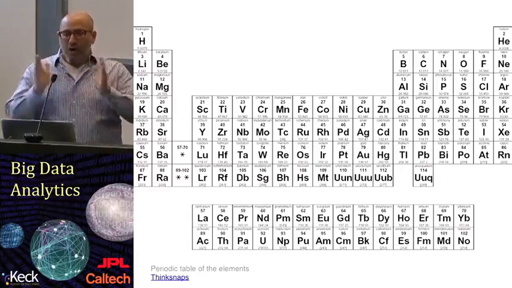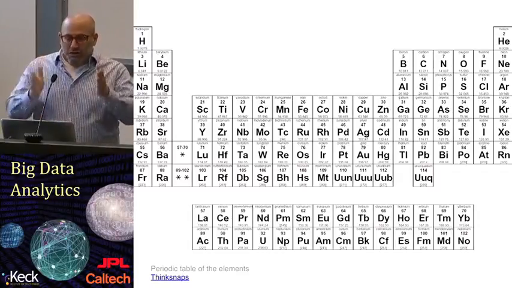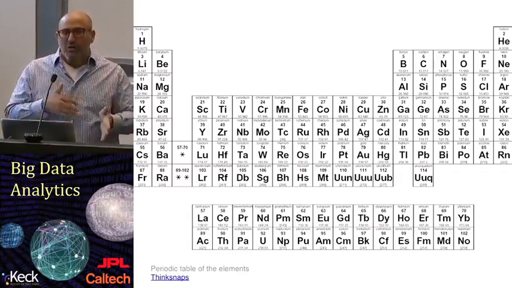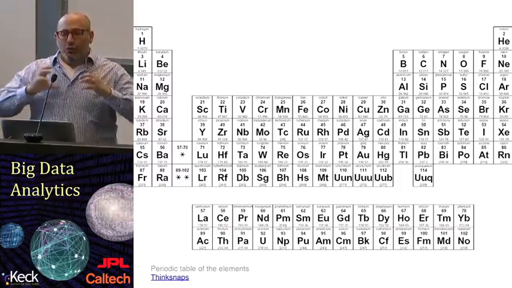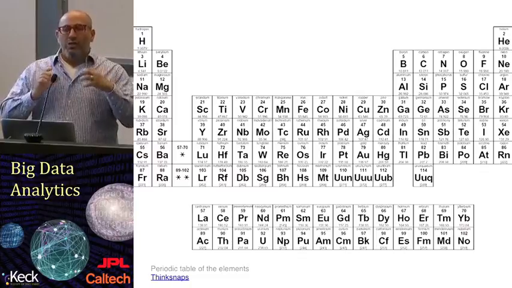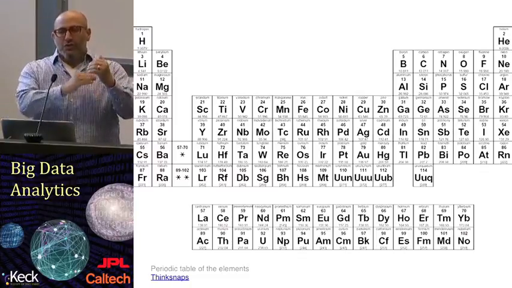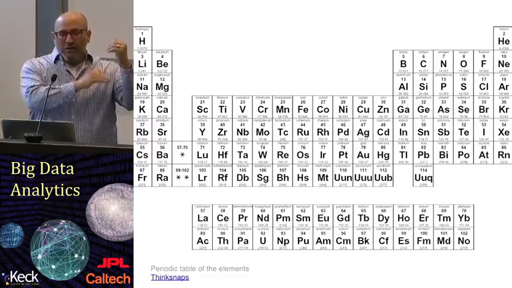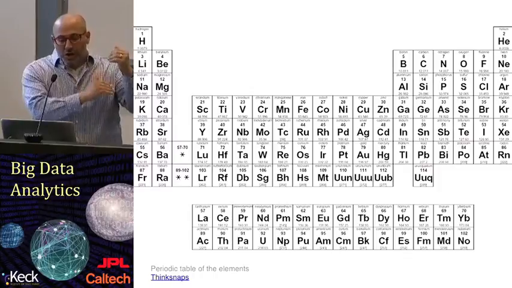What you have on the right are all of the non-metals. In the middle are all of the transition metals. And on the very bottom is the lanthanum series. These groups are given meaning by being next to one another. In other words, it's very clear that hydrogen and lithium share a common quality by being in the same column.